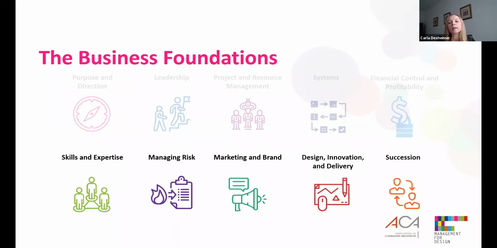That's about having a great team around you, which can mean hiring for cultural fit first and skill second. Risk management. What are the mechanisms you have in place for reducing your risk? Marketing, communications, and brand. How will you connect your existing and potential clients to your business? Design, innovation, and delivery.